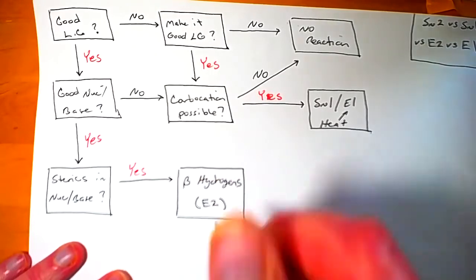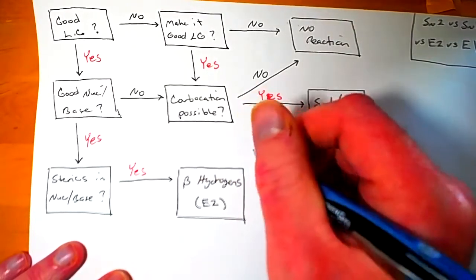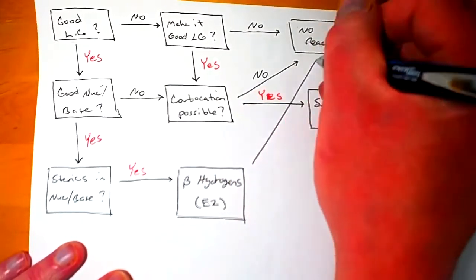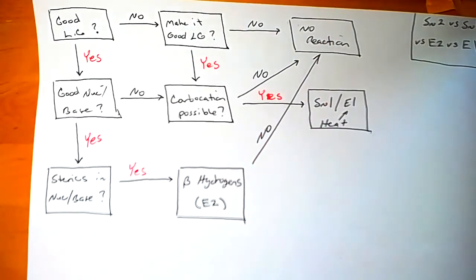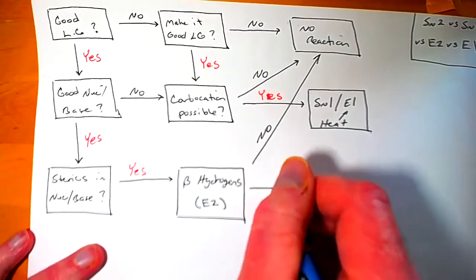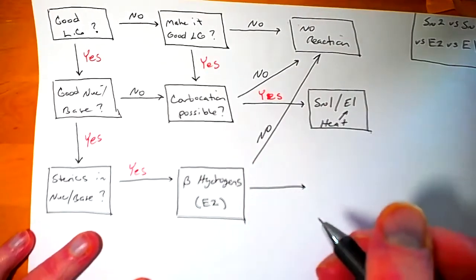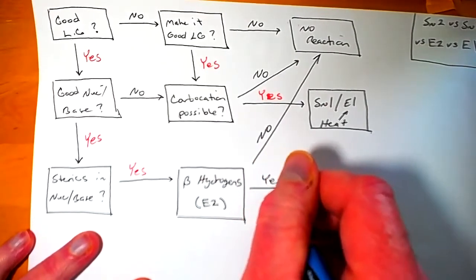If you do not have any beta hydrogens present at all, then you're looking at, again, a no reaction. Now, I'm going to carry this thought process forward. So you do have beta hydrogens, yes.